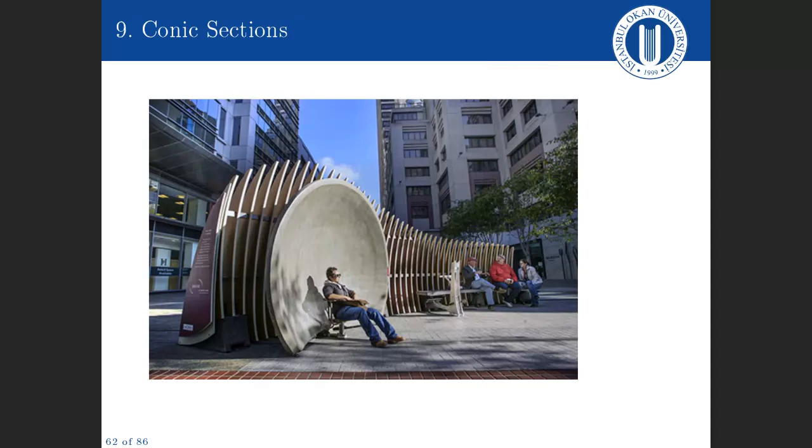Or something in architecture, this is called a whispering dish. This one's in San Francisco and it's one of a pair. The other one is some long way over to the right. The chair is built so that if you sit in this chair, your head is at the focus of this parabolic dish. And then over on the right, you have another chair and another person sitting with their head at the focus.